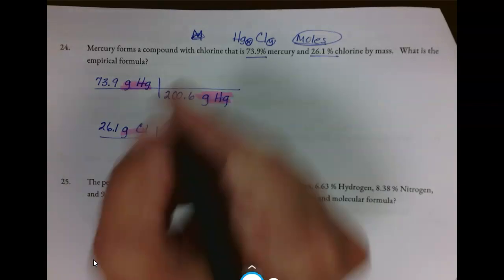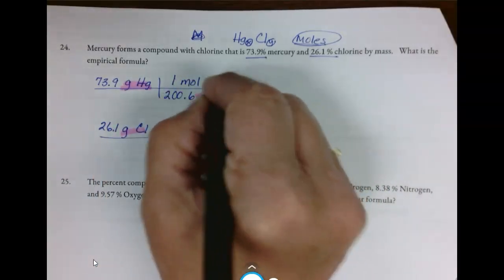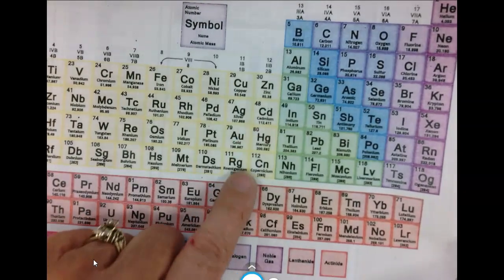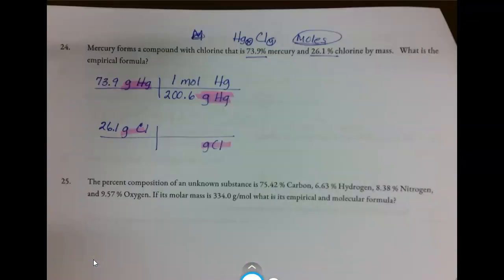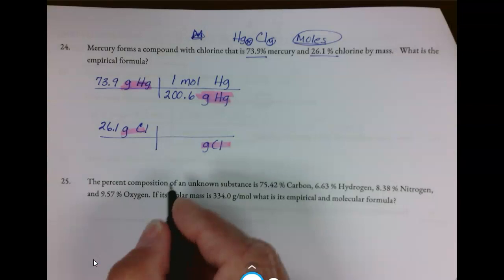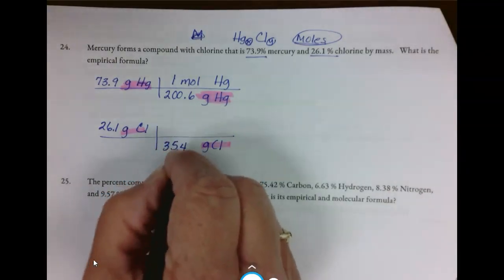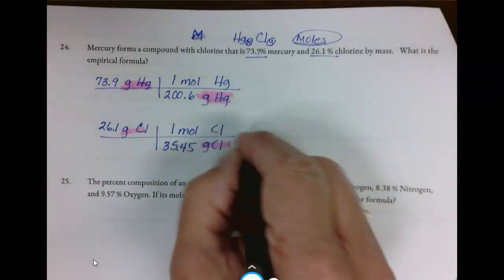And then again, for 1 mole, okay, 1 mole of mercury. So again, remember, guys, whatever the value is here, that's always for 1 mole. That's what that is. And then we're going to do the same thing for chlorine, 35.45 for 1 mole of chlorine.